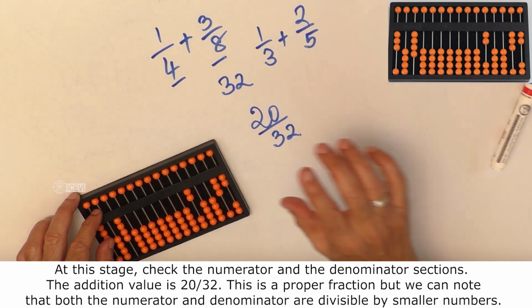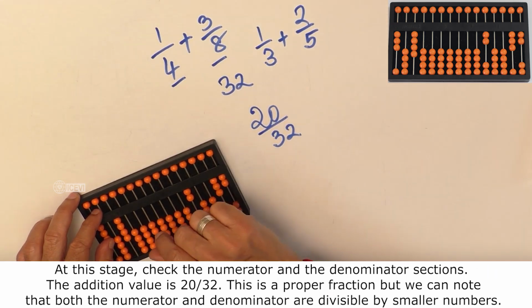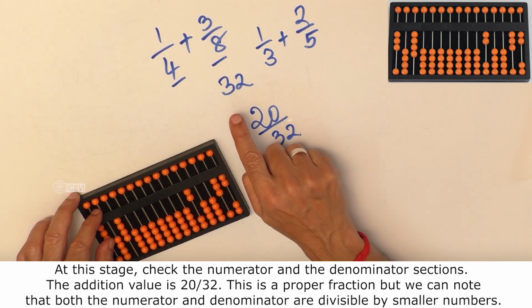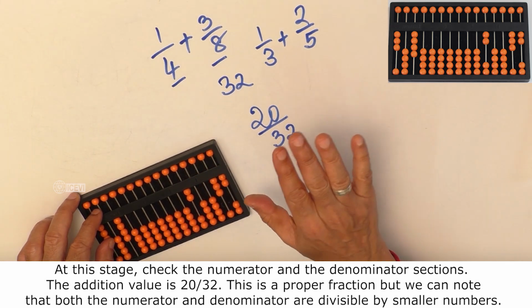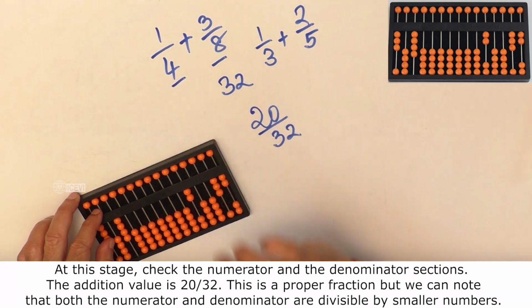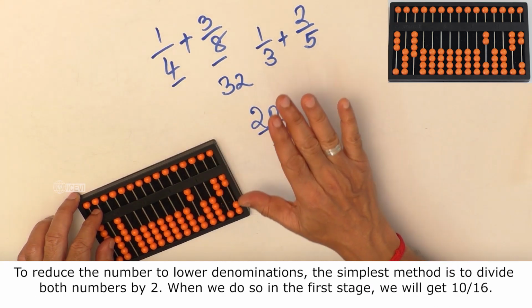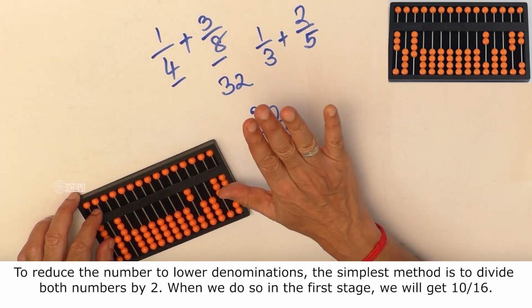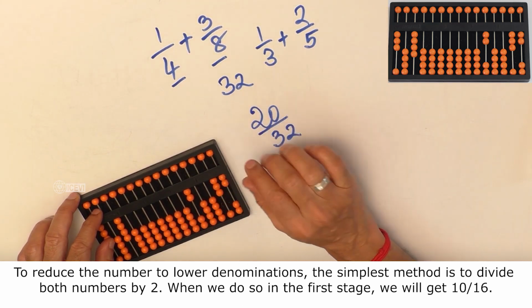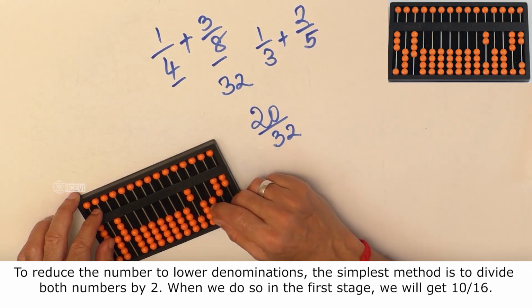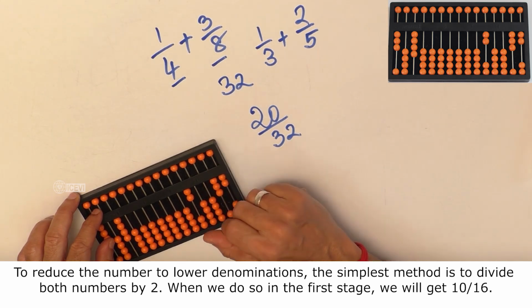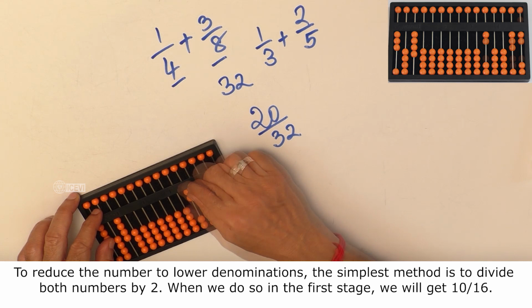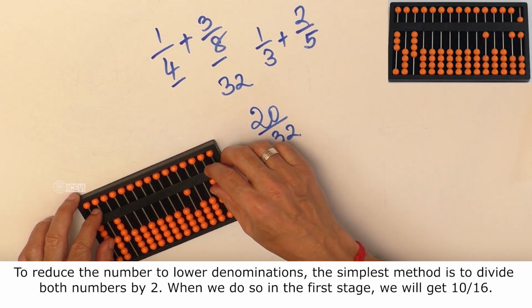This is a proper fraction, but we can note that both the numerator and denominator are divisible by smaller numbers. To reduce the number to lower denominations, the simplest method is to divide both numbers by 2. When we do so in the first stage, we will get 10 by 16.